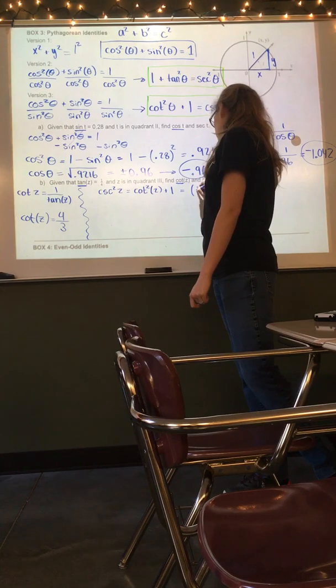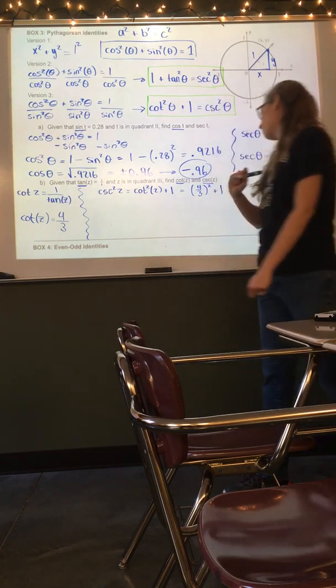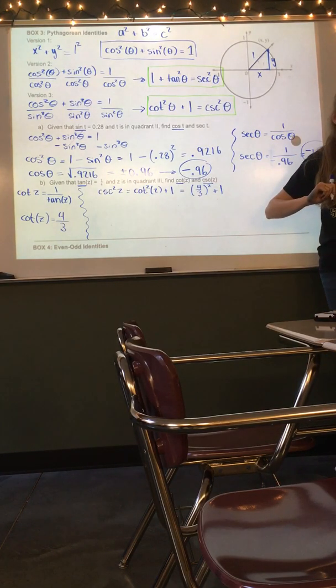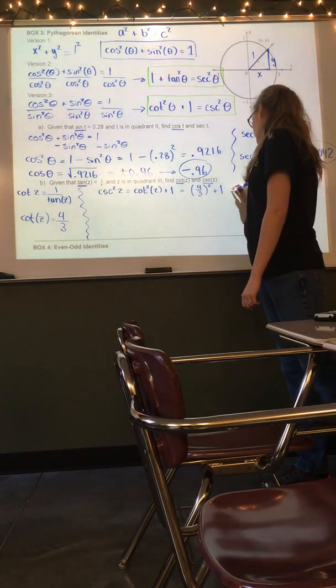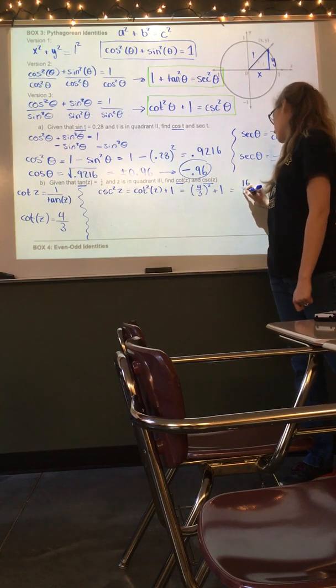That's 4 over 3 squared plus 1. When you're squaring a fraction, square the top, square the bottom. 16 over 3 squared, which is 9.